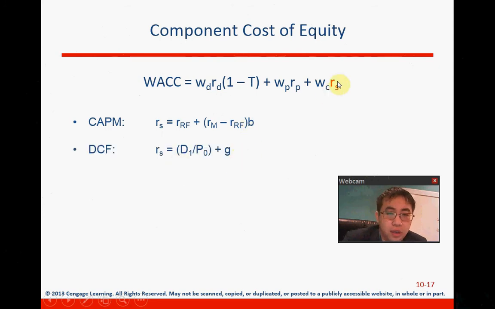Another way to get the required return here is to use the dividend divided by the price, then plus g. This just comes from the formula we have learned before, which is price 0 equals dividend 1 over r minus g. So if you just twist this formula a little bit, then you will get r equals dividend 1 over price 0, then hopefully plus g.